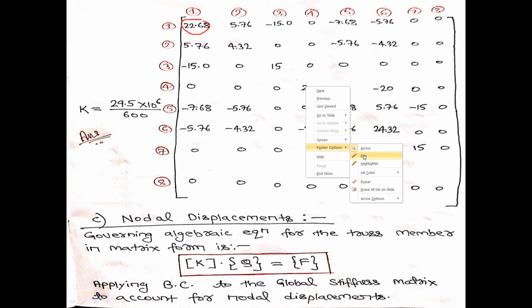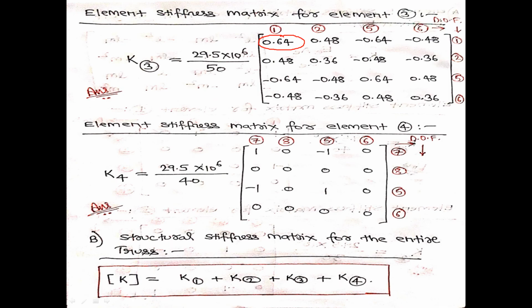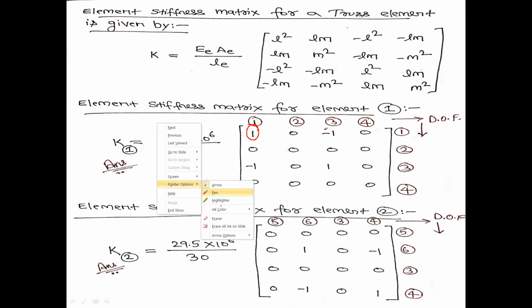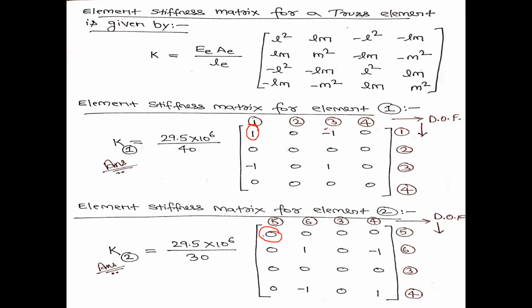Likewise, if I want to find the value of this particular element, this is the fifth row and fifth column. I have to check in each elemental stiffness matrix whether the fifth row and fifth column is present or not. For the first element, there is no fifth row and fifth column, so I won't take it. For the second element, yes, it is present and the value is 0.